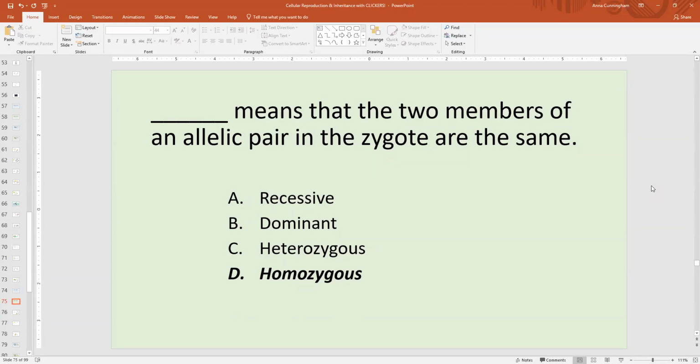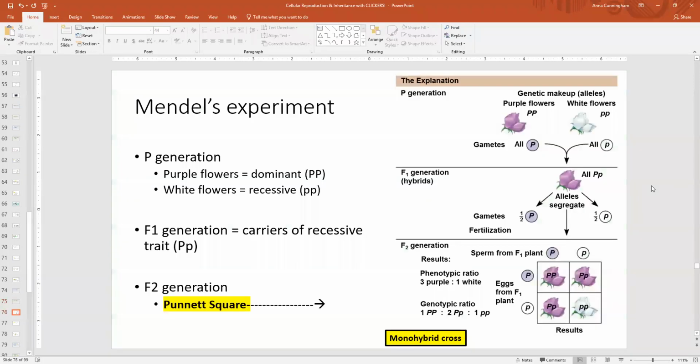Homozygous means that two alleles are the same. This is talking about how we can apply this information. We understand that there are different alleles, and dominant and recessive alleles. But what we need to understand is how we can predict the likelihood that a certain allele will be expressed when a cross happens.